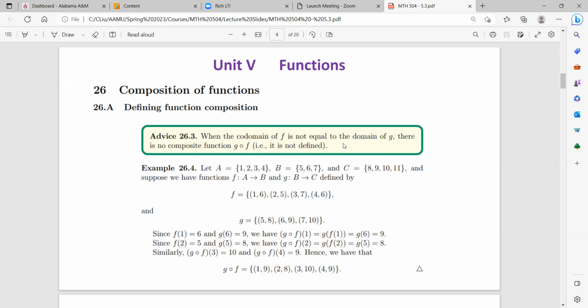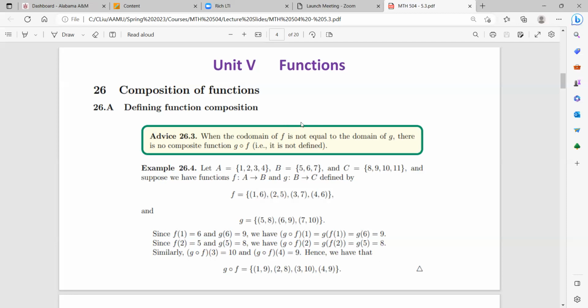The reason is, if the range of F is larger than the domain of G, then we have some number under F mapped to some number that's not in the domain of G, so G is not defined on that number.